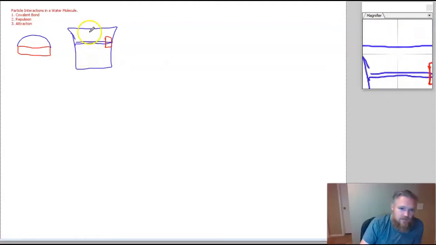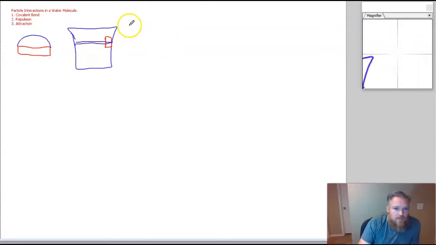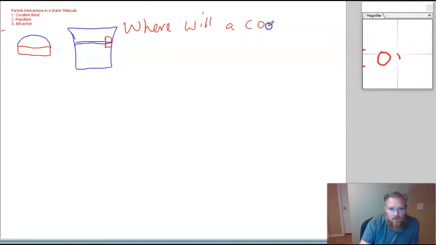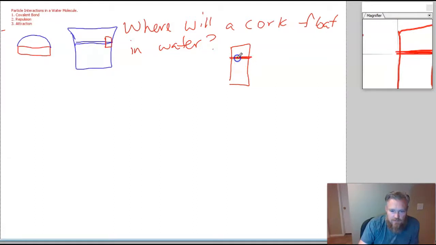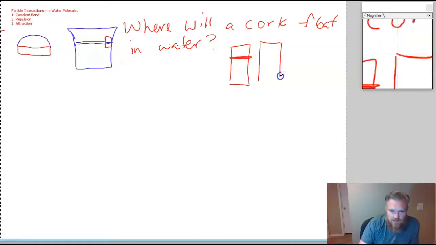So let's start with this question. Where will a cork float in water? Let's say I have a cup of water filled up to here, and I have an identical cup filled up to here.